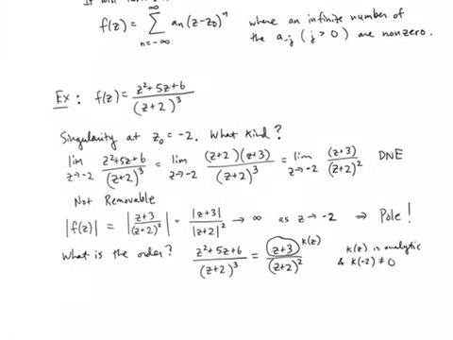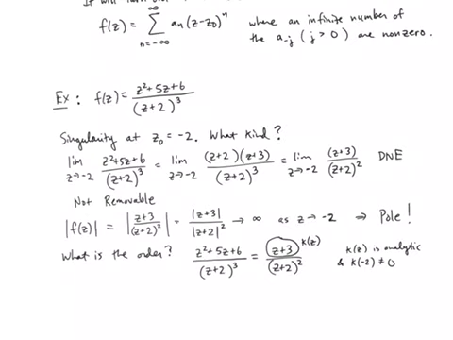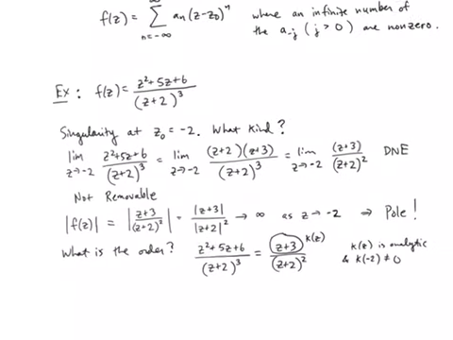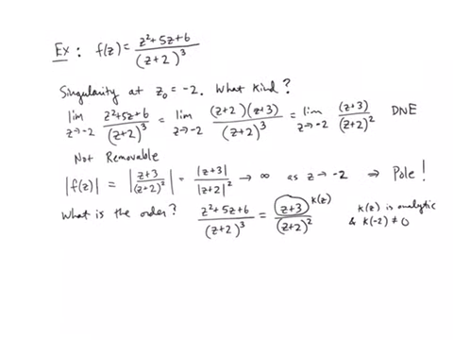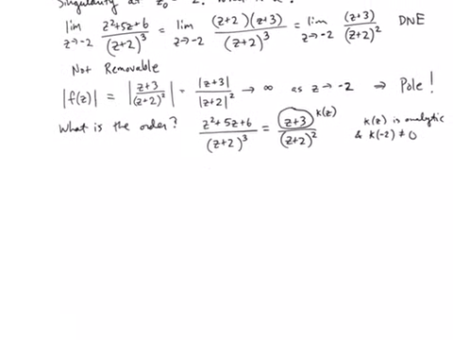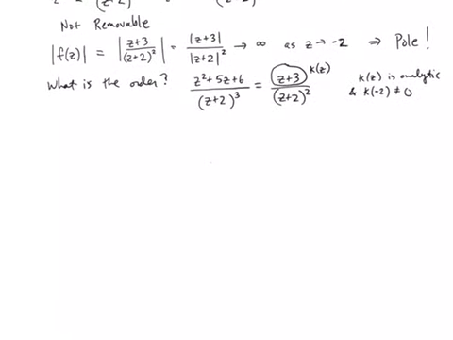So what we can say here is we have a non-vanishing analytic function at negative 2 divided by z minus z naught to the second power. So that second power, that's the order of our pole at negative 2. So the order of the pole is equal to 2.